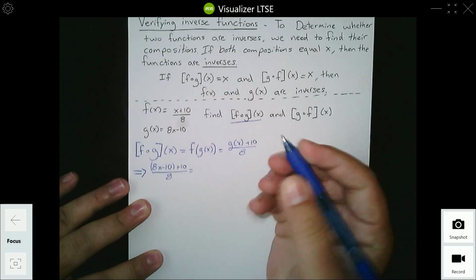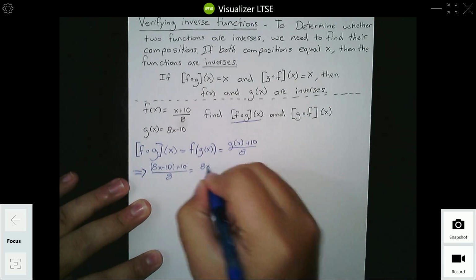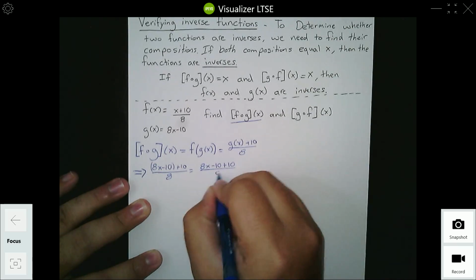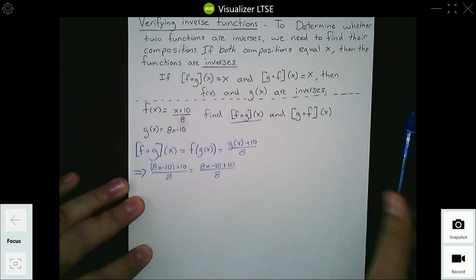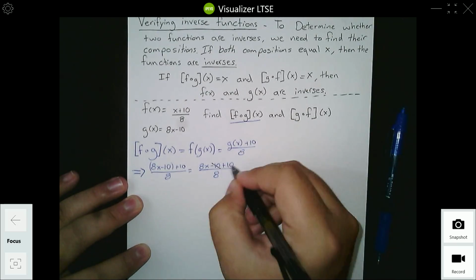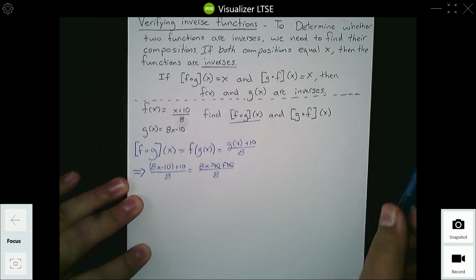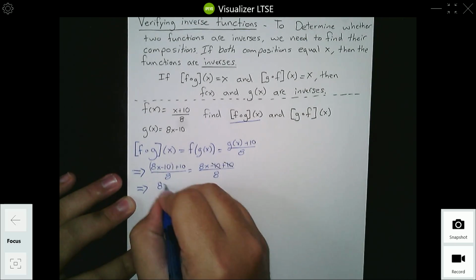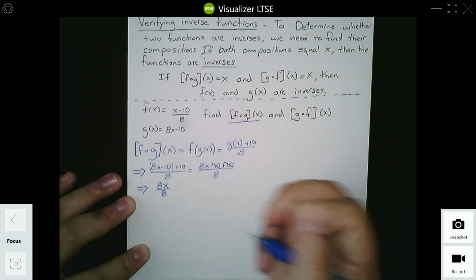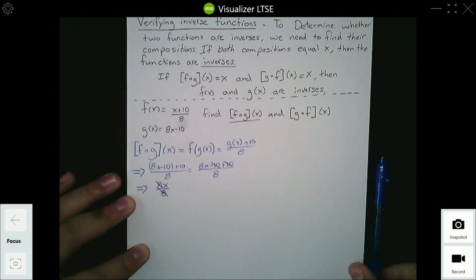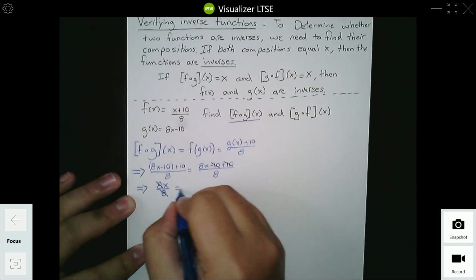We can rewrite this equation as 8x minus 10 plus 10 divided by 8. Minus 10 plus 10 cancel each other out, and we're left with 8x divided by 8. Those 8's cancel out with each other, and we're just left with x.